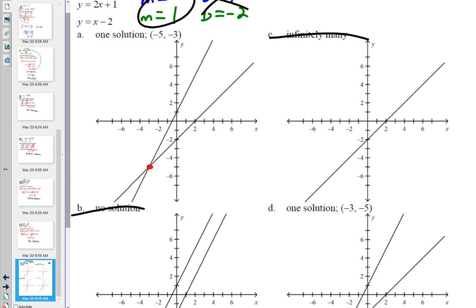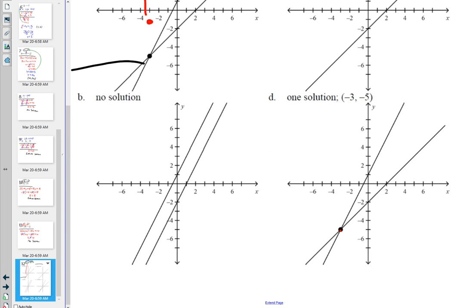The graphs are identical. So the only difference between the two is, is that point of intersection at -5, -3, or at -3, -5? Yeah, it's at -3, -5. So that was it.